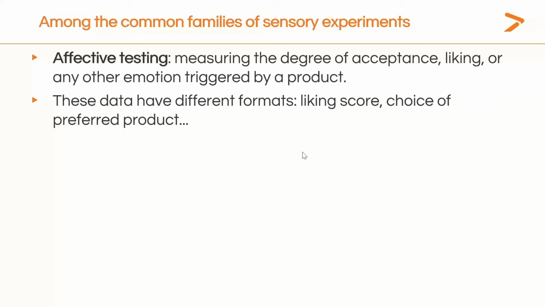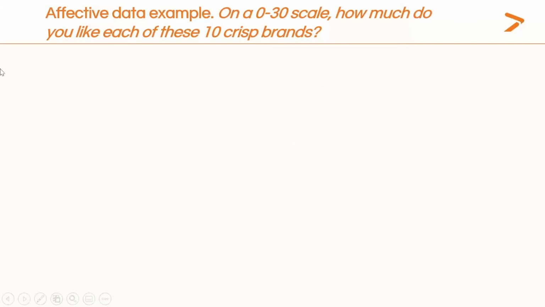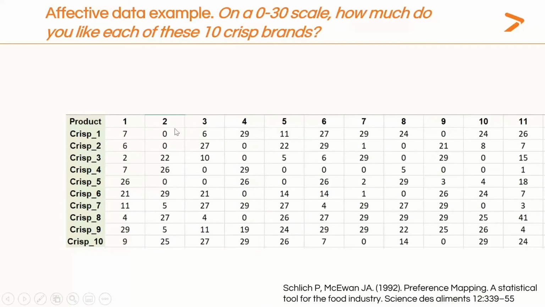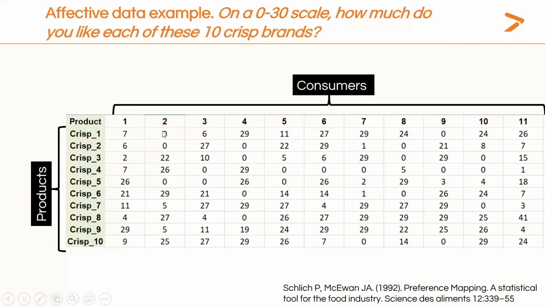Okay. This is an example data set that we can have in this case. For instance, we asked respondents on a 0 to 30 scale, how much do you like each of these 10 crisp brands? Okay, so you get this kind of data set. In rows, you have the products, in this case, 10 crisp brands, and each column corresponds to a consumer.